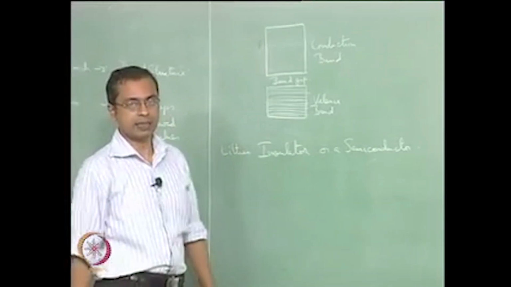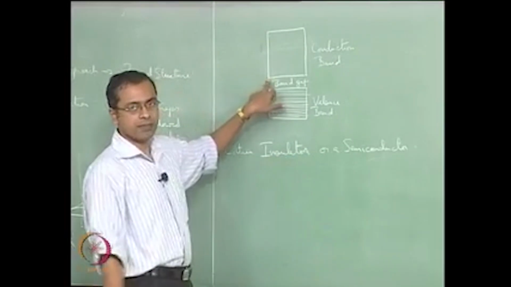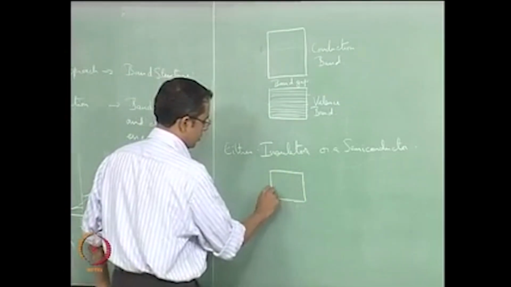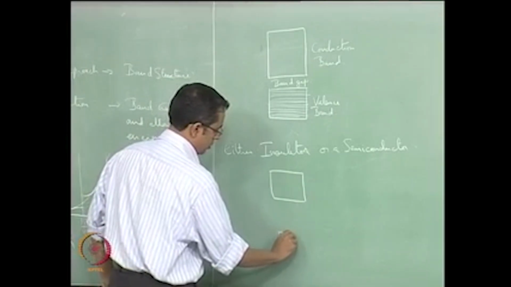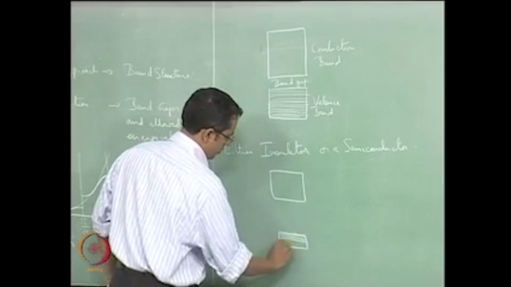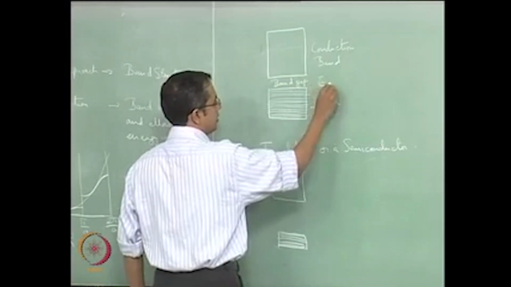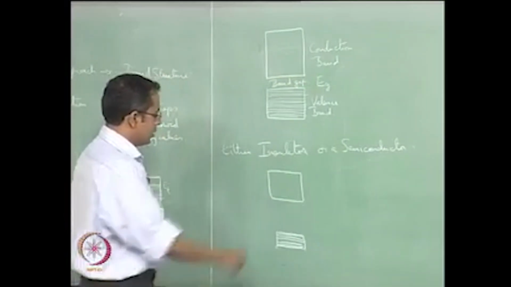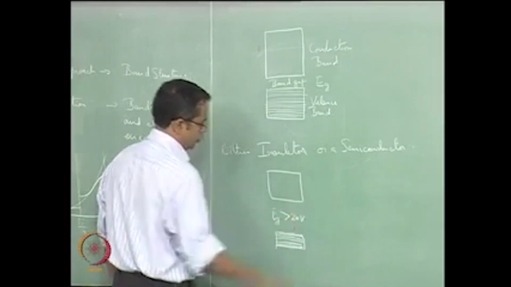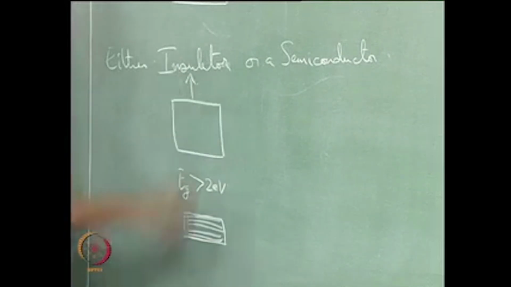Whether or not it is actually an insulator or a semiconductor simply depends on the extent of this band gap. This band gap is typically denoted with E subscript G. If the band gap Eg is greater than 2 electron volts, then it is an insulator.